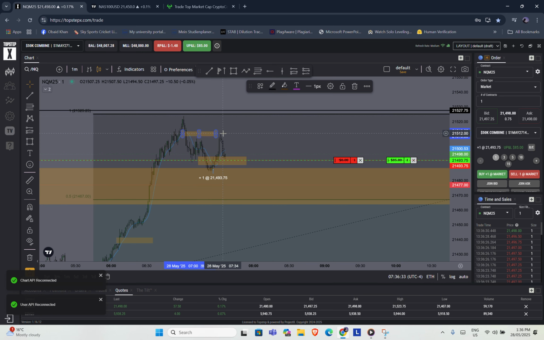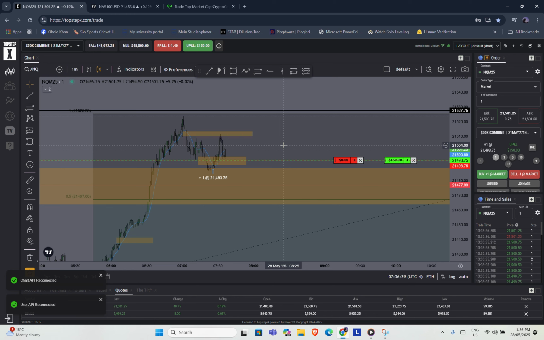From the looks of it, the market looks like it wants to come down. This is kind of rebalancing. So I think I should get out with whatever Allah has given me. I think it will be enough.